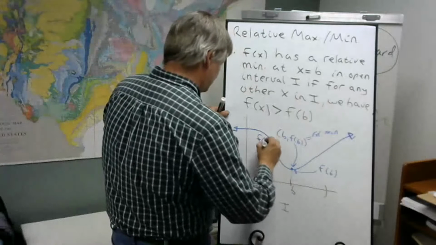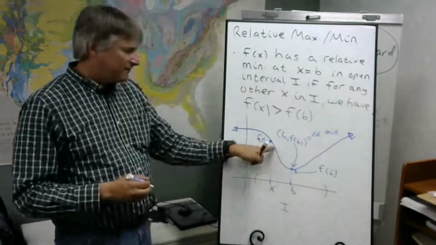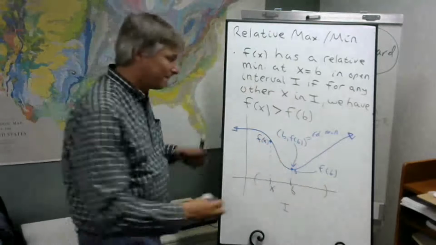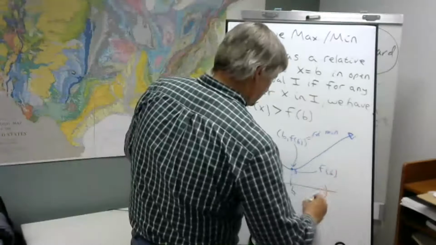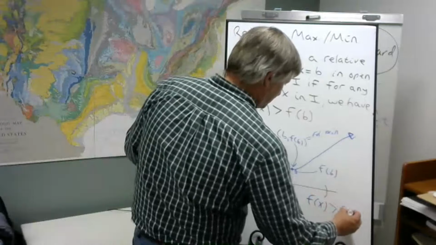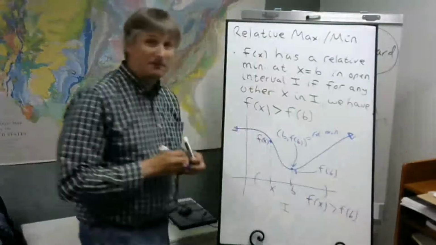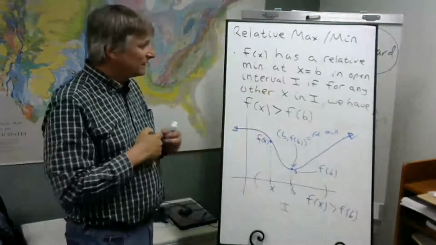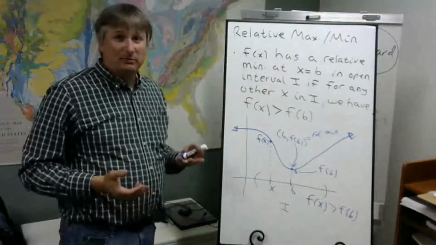Here's f of x. And notice that f of x is higher than f of b. So we get f of x is greater than f of b. So that's the idea of a relative min.